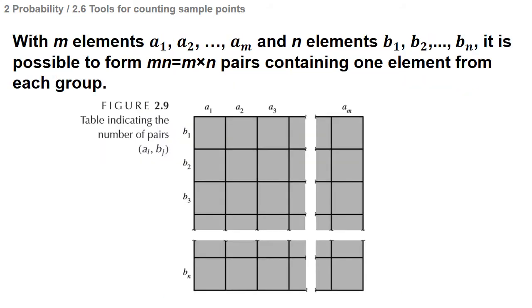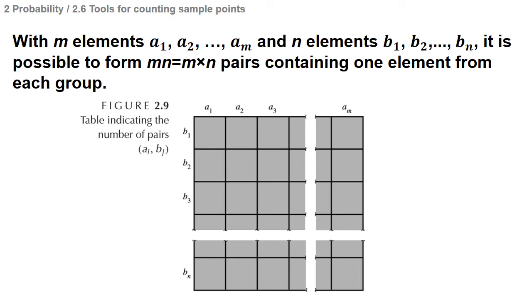With m elements, a1 to am, and n elements, b1 to bn, it is possible to form m times n pairs containing one element from each group. How is it so?